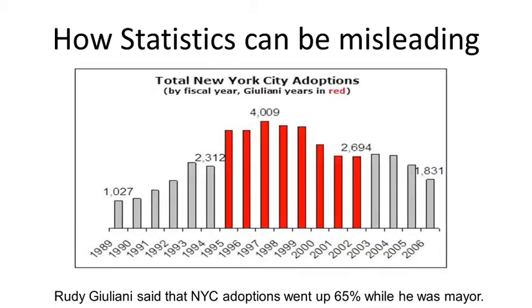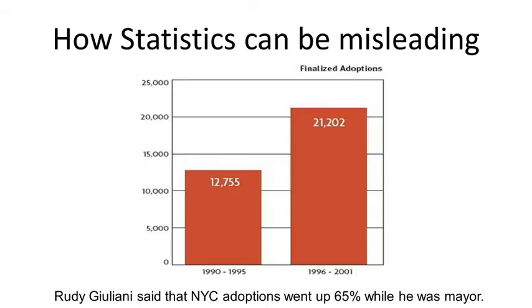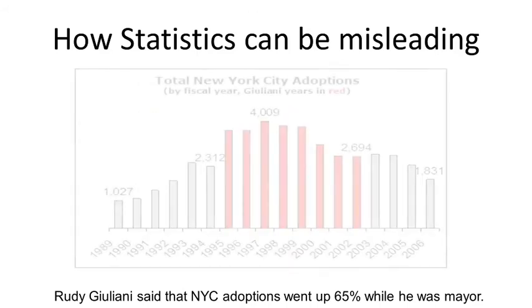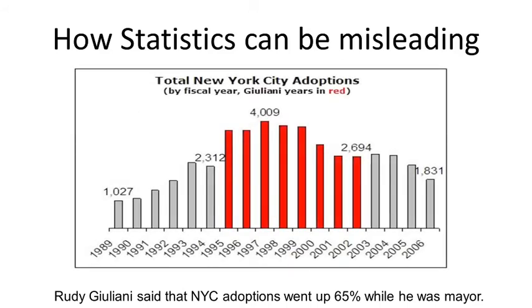Here's what it would look like if it was a year-by-year basis. You can see the bars in red. That's Rudy Giuliani's term. But wait a minute. If we go back to this one, you see it's 1990 to 1995. 1990 was long before he was the mayor.